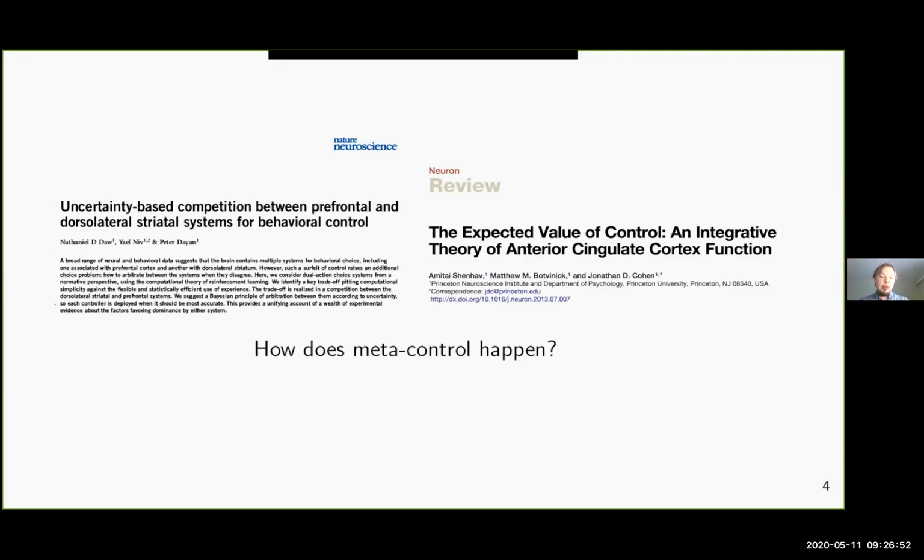I'll just note that based on the evidence we have so far, we can fairly reliably say that reinforcement learning is something that happens in the human brain. There seem to be different types of reinforcement learning schemes occurring in the human brain.